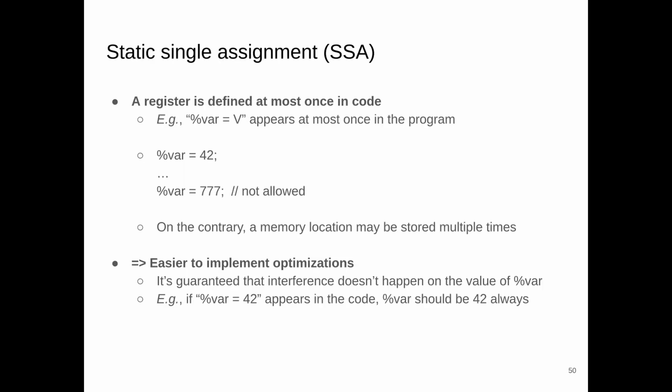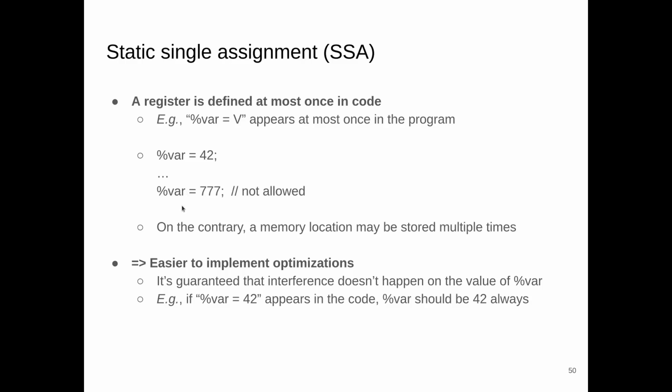So what is SSA? It is, as I said, the rule that a register should be defined at most once inside the code. For example, let's say this is a program and $var is a register, and it is defined here as 482, and later it is again defined as 777. But this is not allowed because $var is defined twice in this program.